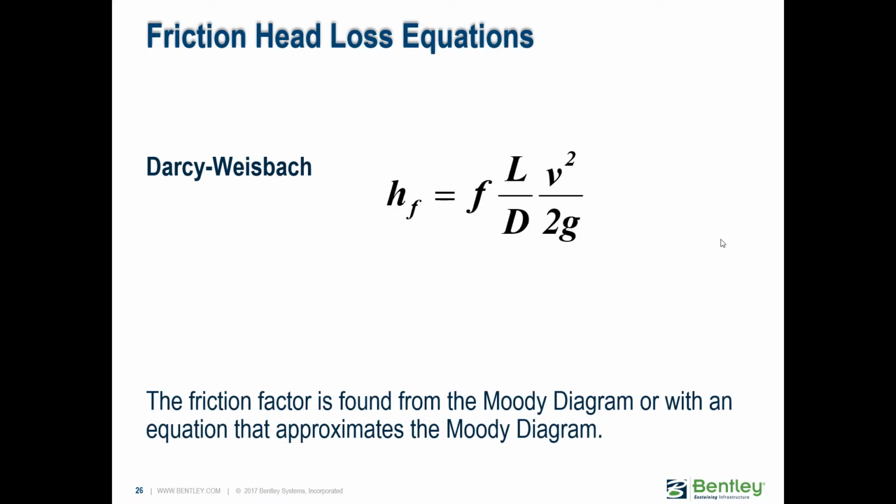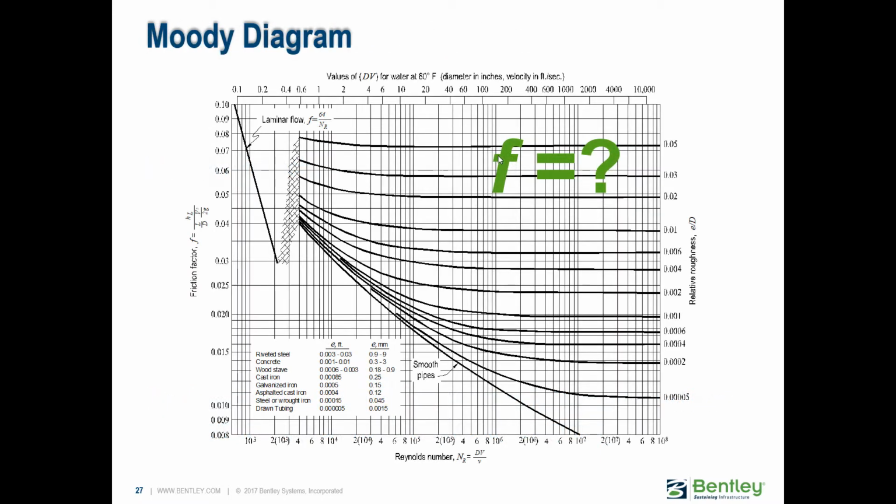Here's another equation that is not very commonly used in North America. It's more used in other parts of the world. It's actually a similar equation because you take into account the length of the pipe, the diameter, and the velocity, but then the f factor, unlike the Manning's coefficient where you simply look up an N value and input it here, the f value has to be calculated from this Moody diagram. So you need to know the relative roughness, that's basically the number that you would input into StormCAD.